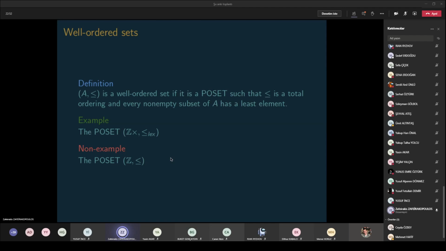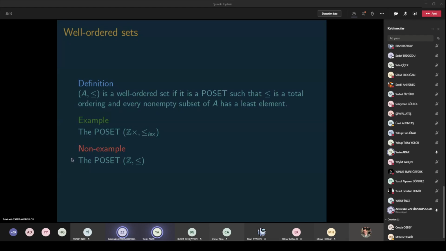All the negative numbers are integers, right? It's a subset of the integers, but there is no element in it that is smaller than all others. Do we agree? If you tell me that minus 1 trillion is the smallest element, no, I can find minus 1 trillion 1, which is smaller.